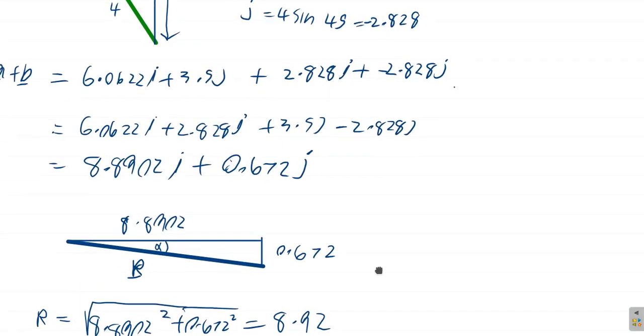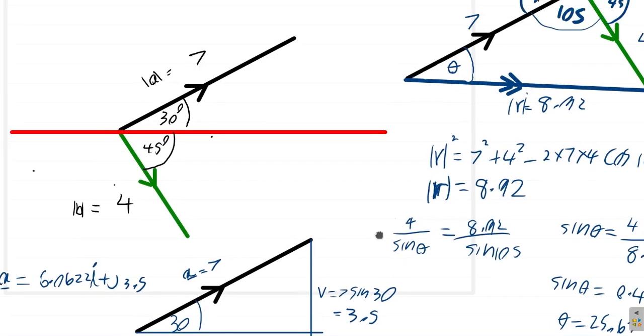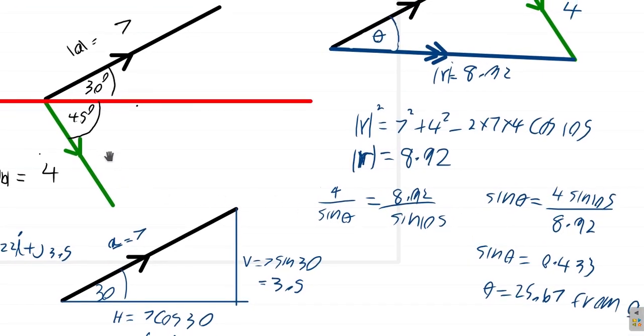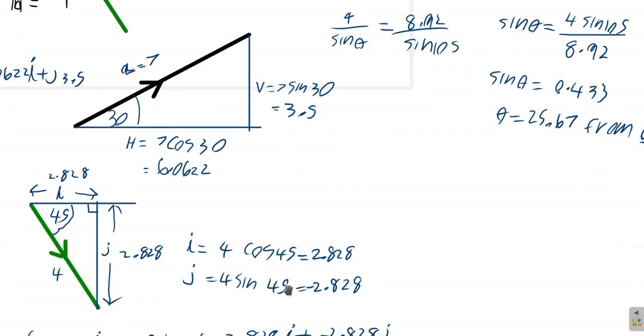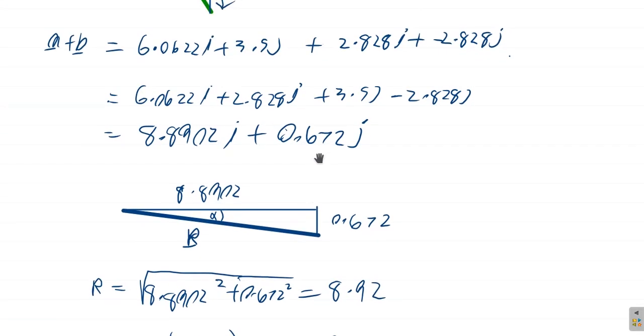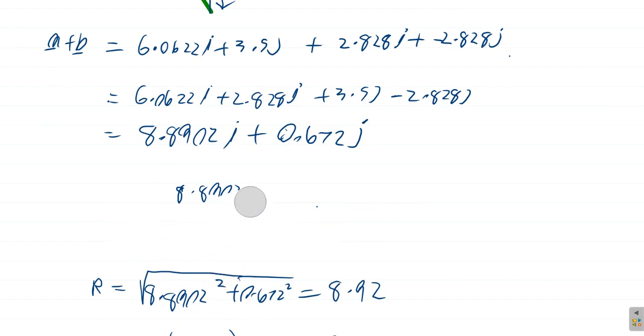The angle of the resultant. Oh, it's going up, you know, I drew it wrong. This is a positive. Mistake. I drew it wrong, even in the last video. It should be upwards, because it's a positive.